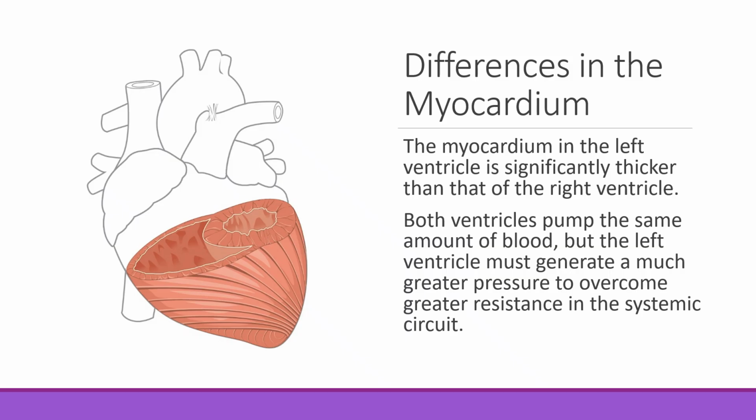So looking at our picture, remember the right-hand side is the side farthest away from the lettering there, and the left-hand side is the side closest to all the words that I have on the screen. So look at that myocardial layer. Notice how it's much thicker in that left ventricle compared to what you see in that right ventricle.